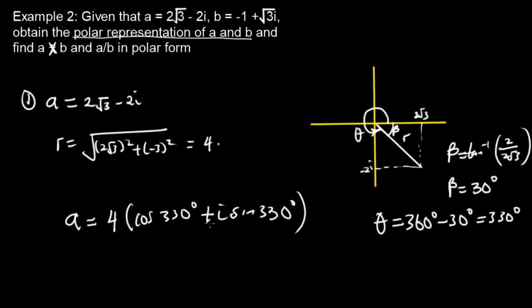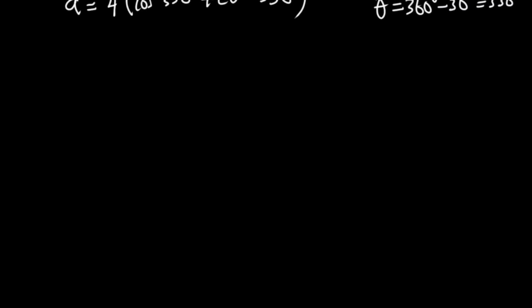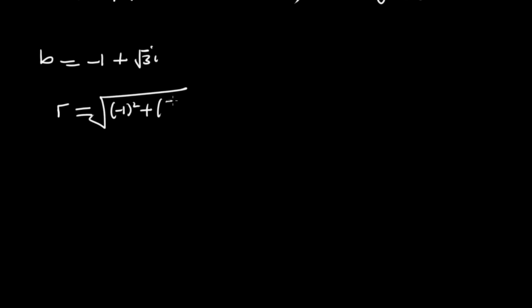So this is the representation for A. Also, let's find the representation for B. B is defined as B equal to -1 plus root 3 i. So from here we have that r equals the square root of (-1) squared plus (root 3) squared, and this equals 2.